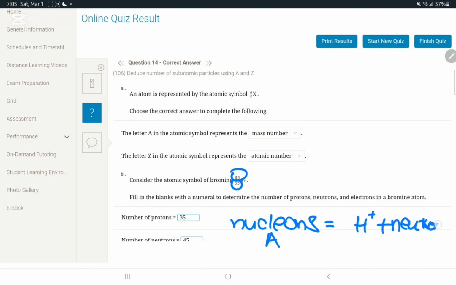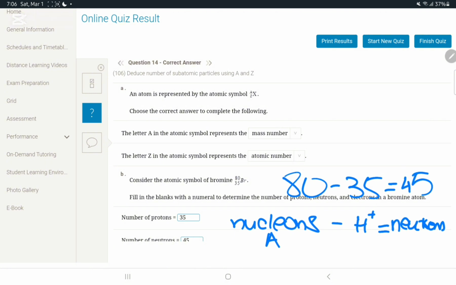My bad, I knew something was off. Nucleon is protons plus neutrons. That means that the neutrons is the nucleons minus the protons. So what's the nucleons? 80. What's the protons? 35. So what's the neutrons? It's going to be 45. Okay? Sorry for the silly mistake. It's just this rule. I knew something was up.